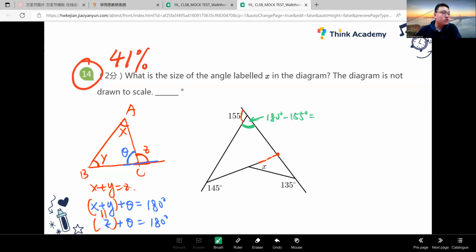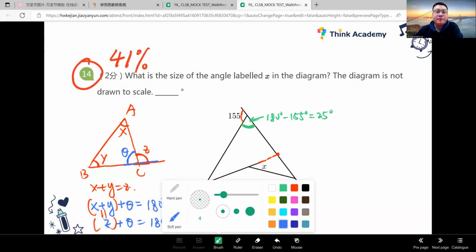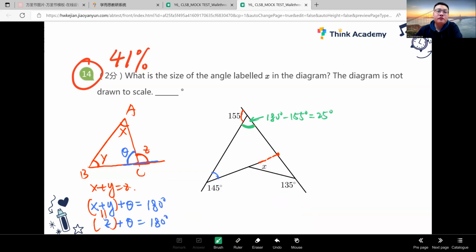So that equals 25 degrees. And for this blue angle, that equals 180 minus 145. That will be 35 degrees.